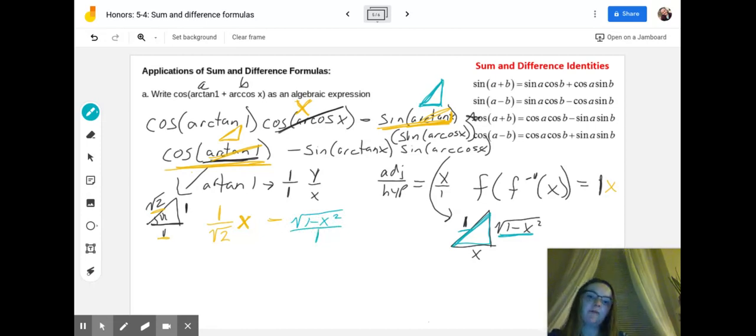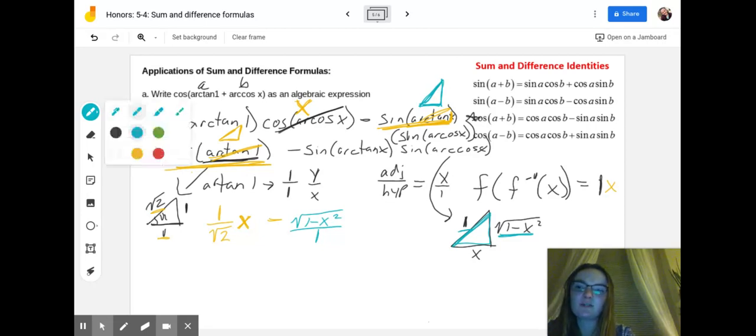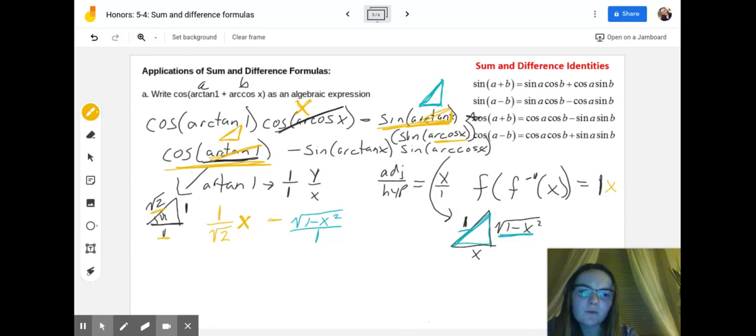And then I want to multiply that by the sine of the arc cosine of x. Well, the sine of the arc cosine of x, that's the yellow triangle, is going to be opposite over hypotenuse, which is 1, once again, all over the square root of 2. So we get 1 over the square root of 2 right there.